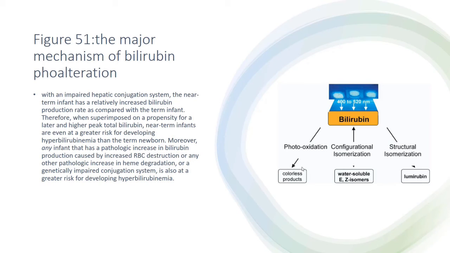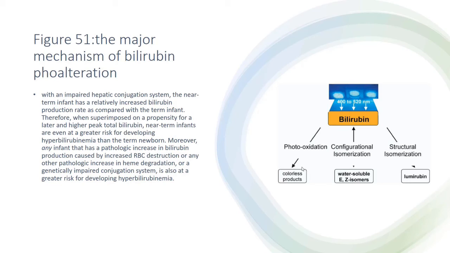With an impaired hepatic conjugation system, the near-term infant has a relatively increased bilirubin production rate as compared with the term infant. Therefore, when superimposed on a propensity for a later and higher peak total bilirubin, near-term infants are even at a greater risk for developing jaundice than the term newborn.